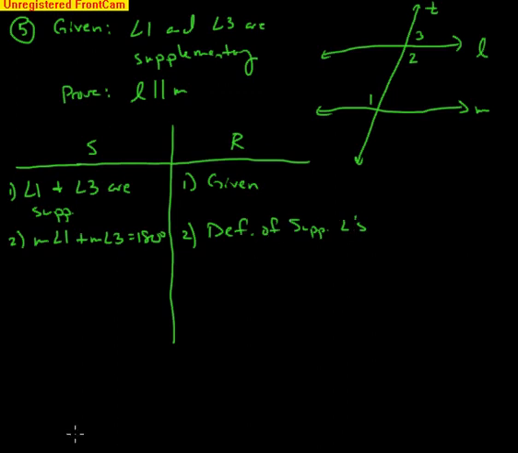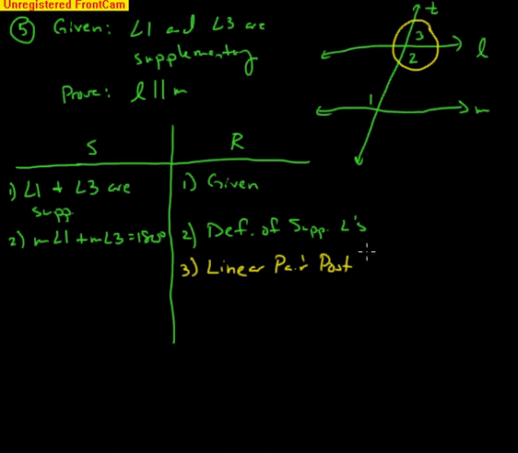Okay? So now that's all we can do with that. We're stuck there. But now, we need to look at the picture. What kind of angles are 2 and 3? Angle 2 and angle 3 are a linear pair. We know something called the linear pair postulate.